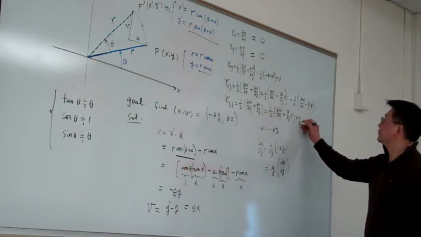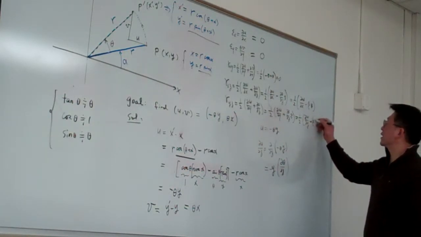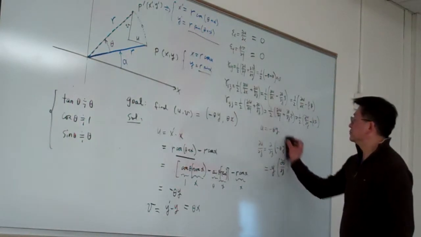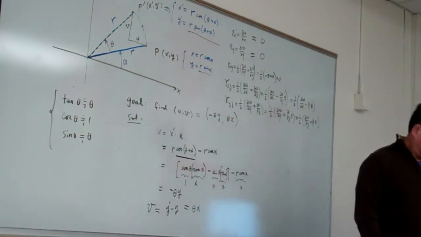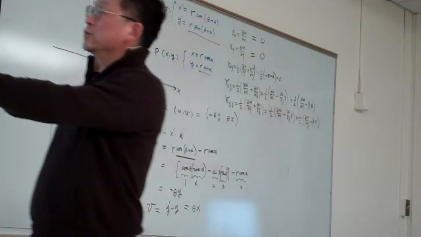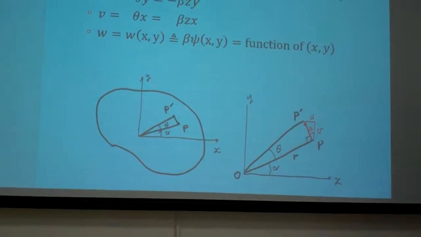Okay, so that's the same. Partial w, partial y plus beta x. Good? Okay. So that should be on the next page here. Here we move this one pretty high.